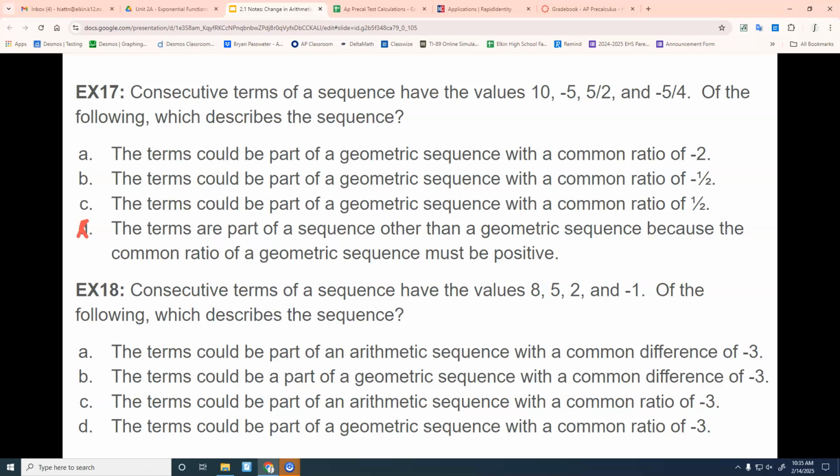I'm multiplying by something. What number would I be multiplying by here to get from 10 to negative 5? It is negative 1/2. It also is like you're dividing by negative 2, but that common ratio is the number you're multiplying by. So if it looks like you're dividing, then you need to change that to a fraction and multiply instead. So B would be your answer for this one.